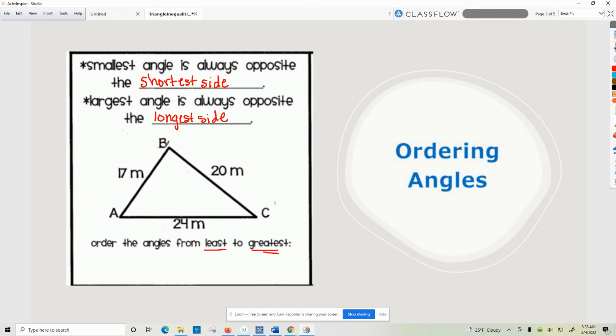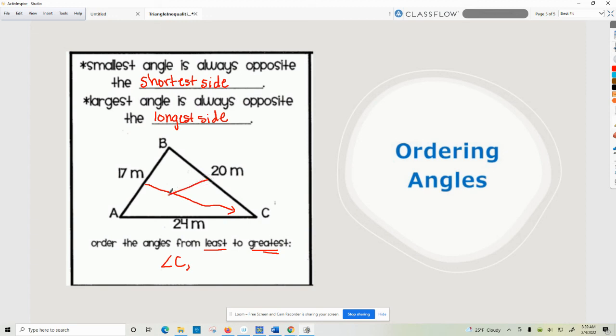So when I'm looking at my three sides, 17 is the smallest side that I've got. You're going to go to the angle opposite that, and that's going to be angle C. Okay. Then you want to go to the middle side. The middle side here would be 20.